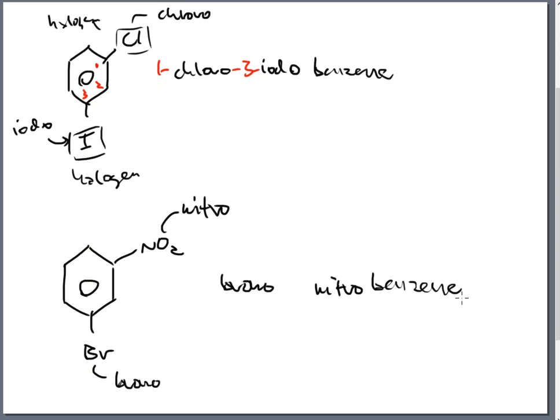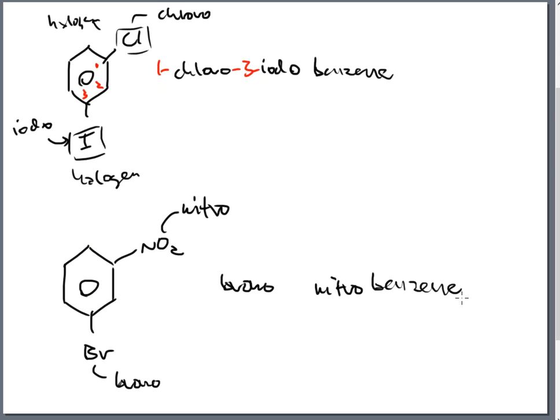And the answer is, no. The benzene land is actually going to break these rules down a little bit simpler for you. It just basically says don't give anything a priority. If you have an NO2 group, we call it a nitro. If you have a Br, we call it a bromo. You don't really give one priority over the other. You just stick to the alphabetizing.